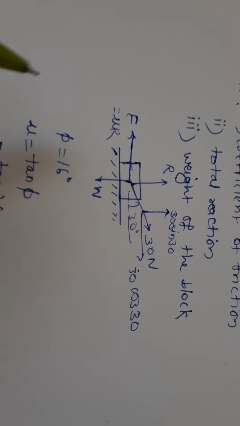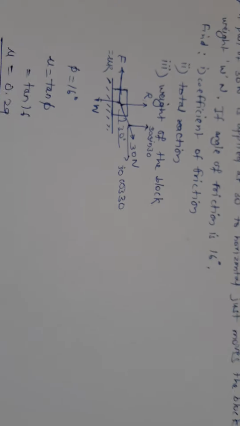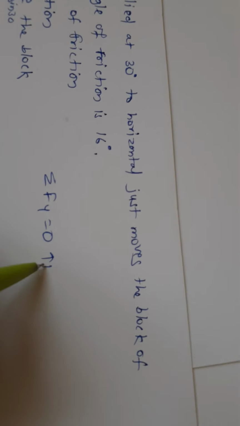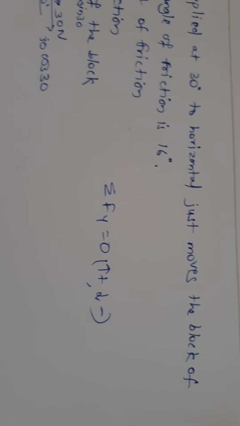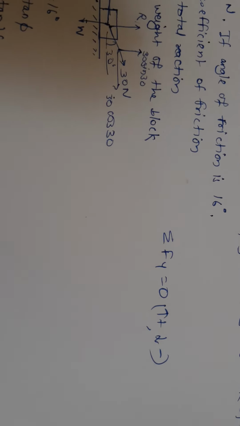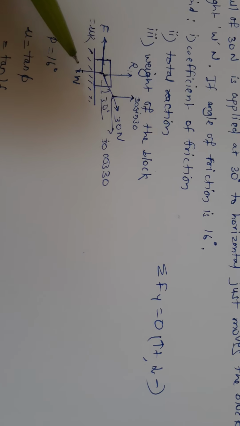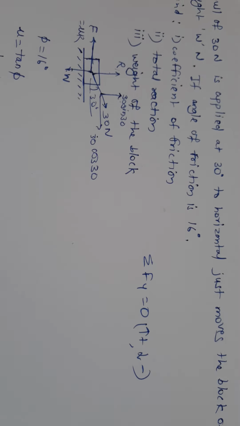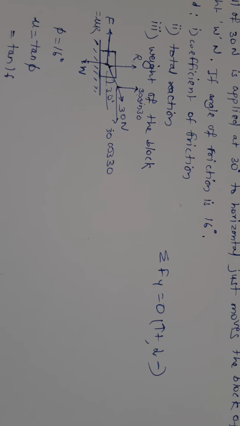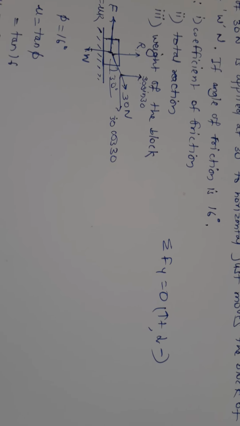So once we find R, from that we can find W. So we know that in y direction the forces acting are W and R. So we will take the summation of forces in y direction. Summation of forces in y direction equal to 0, upward positive, downward negative as per sign convention. So the forces acting in y direction are this R, W, and the component of 30 is 30 sin 30. So the component of 30 Newton will be upward, R upward, they will be positive, W downward, it will be negative.